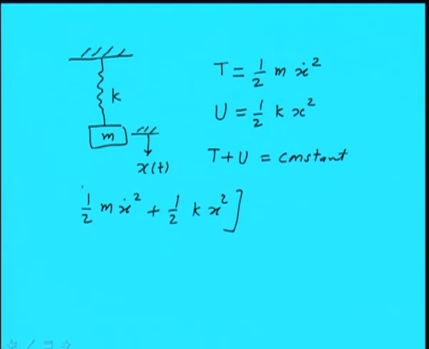Because this is a constant quantity, if we differentiate it we should get 0.